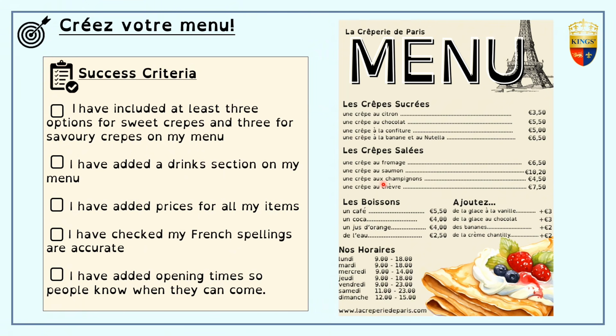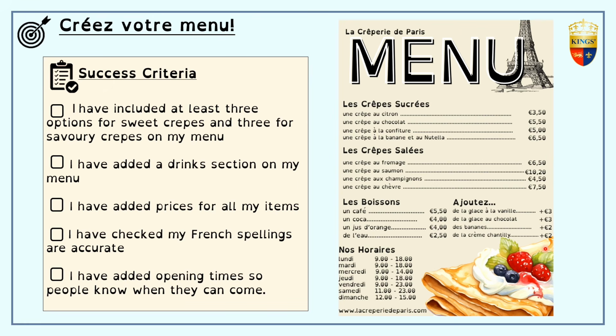That we've got, if you look at the success criteria here, I have included at least 3 options for sweet crepes and 3 for savoury crepes on my menu. I've added a drink section on my menu. That's very important, because if you are having especially like a savoury crepe, you're going to get thirsty, so you need a drink. And if I'm having a sweet crepe, I definitely want a coffee with it. So making sure we're adding drinks on there, making sure we've added prices for all of our items.